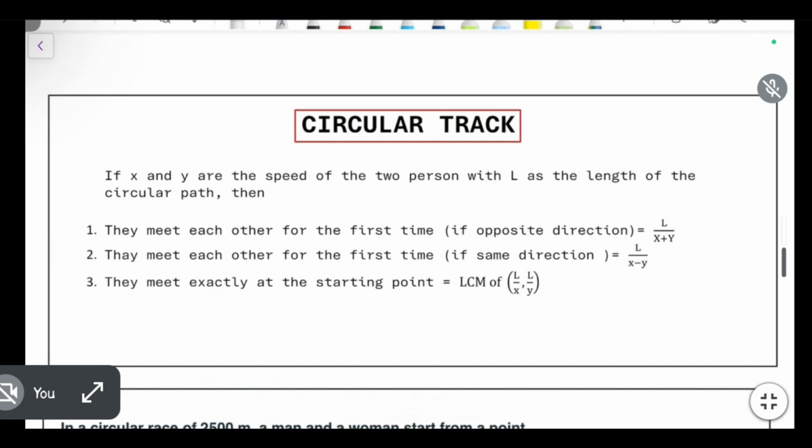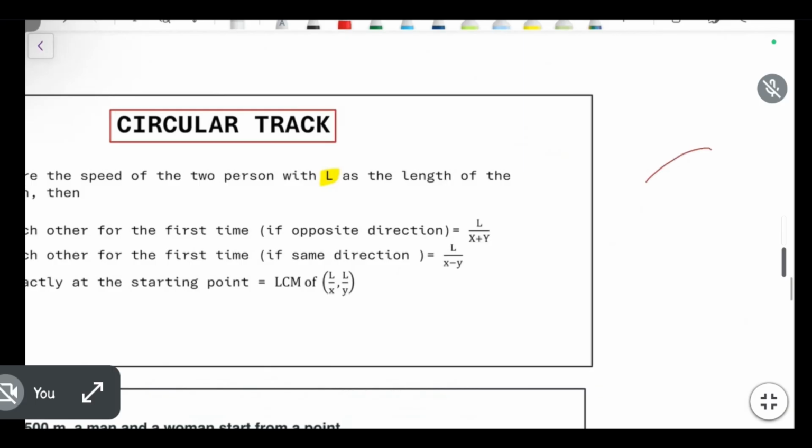The next type is circular track. For circular track type of questions, everything is the same, just that the distance will be the length of the circular track. Let's say you have a circular track, like this.